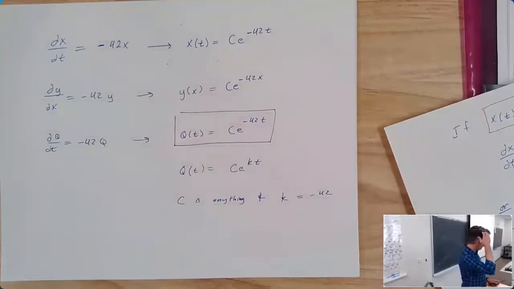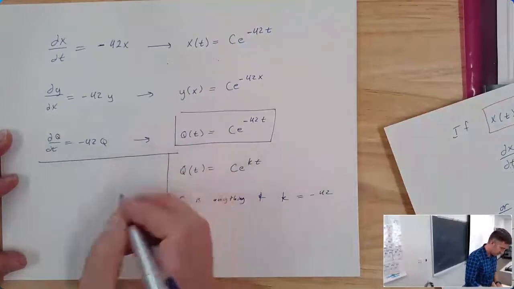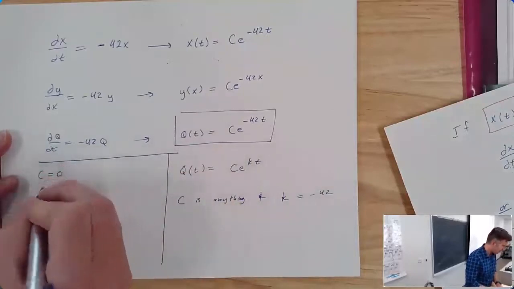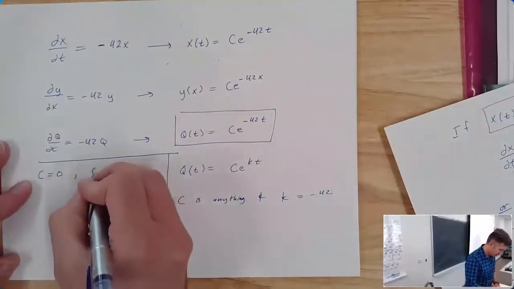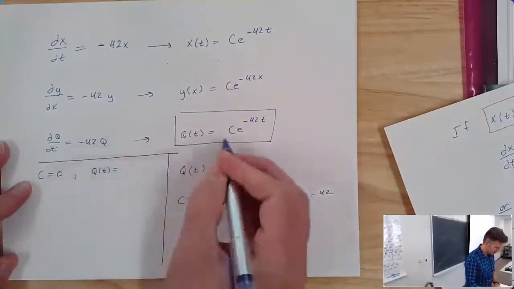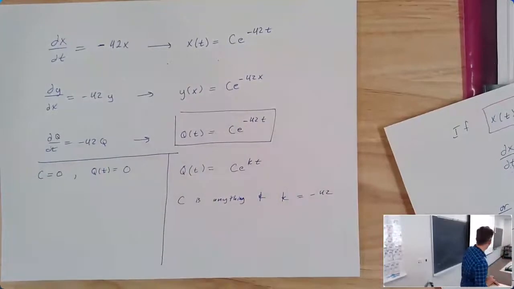Okay, but the thing is, this question has two different answers. There's one other answer that people often don't think about, which is that C could be 0. So let's see what that means. If C is 0, then q(t) is 0 times anything, which is 0. It's the zero function. It's 0 for every value of t.